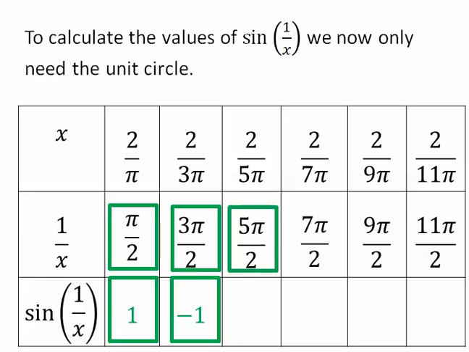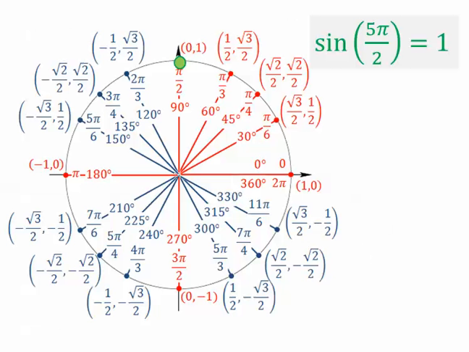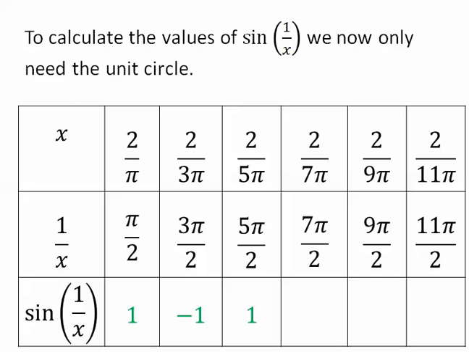So 5 pi over 2 means you go all the way around the circle plus another pi over 2. Well, that just means you end up at the top again. And so sine of 5 pi over 2 is 1. And I put that value into my table.